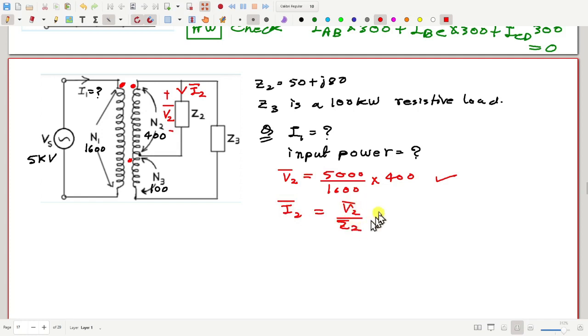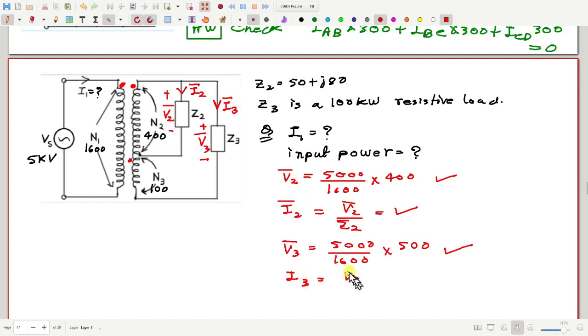Both V2 and Z2 are given, so you can find I2. Then if V3 is the total voltage across Z3, that will be 5000 by 1600 into the total turns, 500. So you can also find V3. Then if I call this current I3, I3 will be V3 by Z3. Now you know I2 and I3.